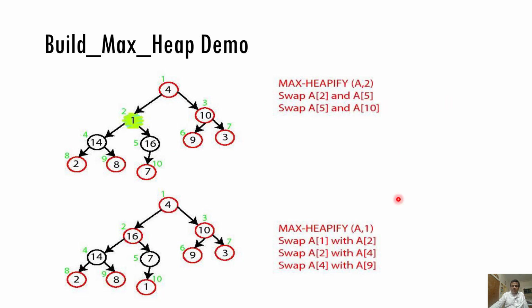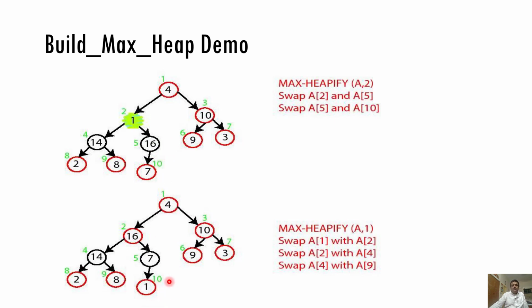Now here we call maxipify on 2, then it will swap this, and again on that maxipify call we need to call maxipify on this node, but this node is already maxipified, we do not need to do that. 1 will come here. So, we have to call maxipify on this, and this will swap with 7.